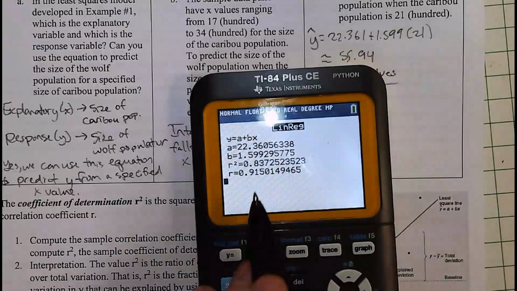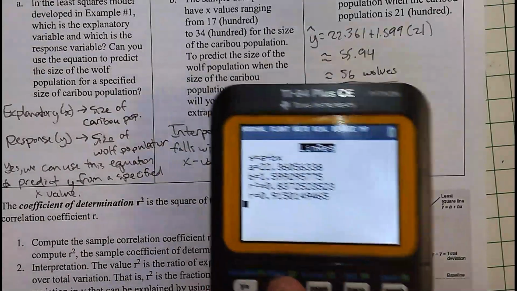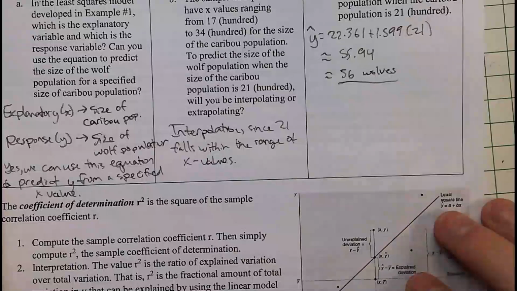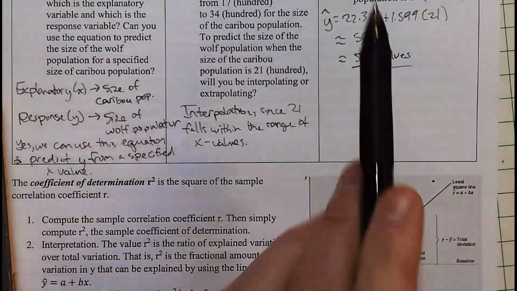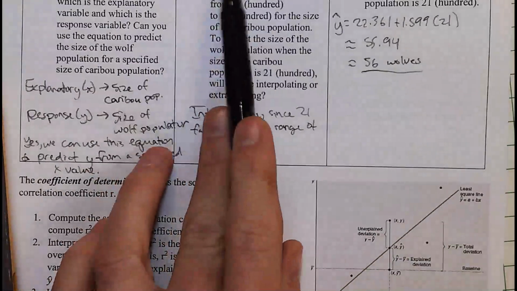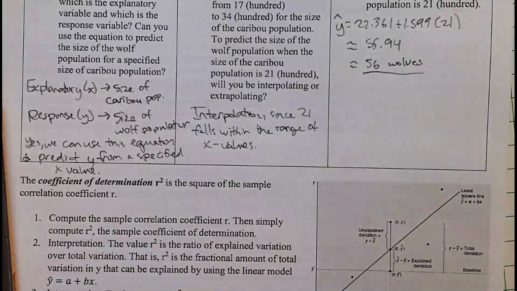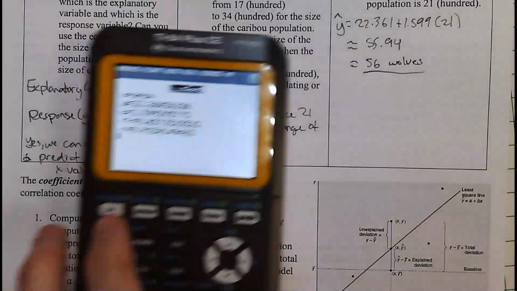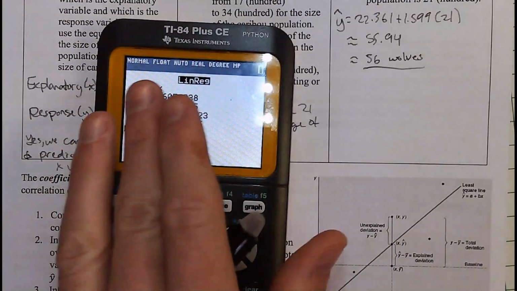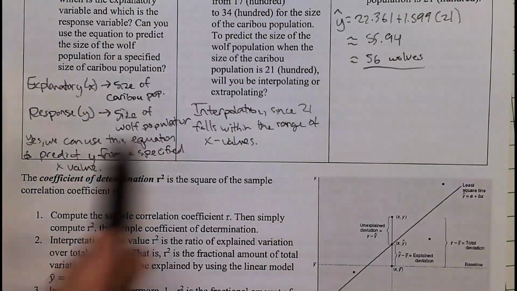So 0.83725 means 83.73% of the variation in Y, in the wolf population, can be explained by this model, by the linear relationship between the caribou and the wolf population. So there's another approximately 16-17%, because 100% is a total. That's just other things that might be accounting for the variation in the values.